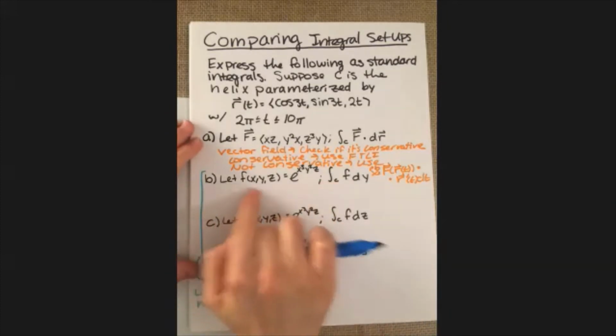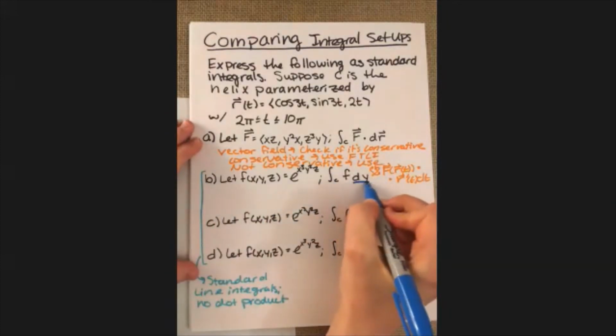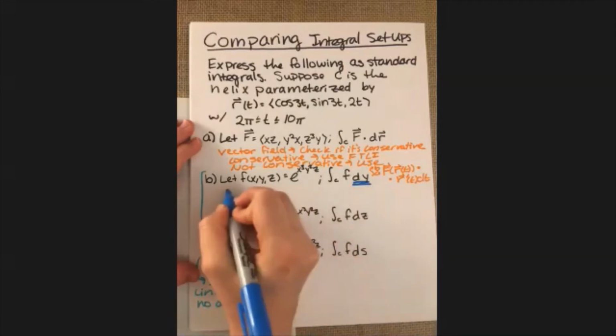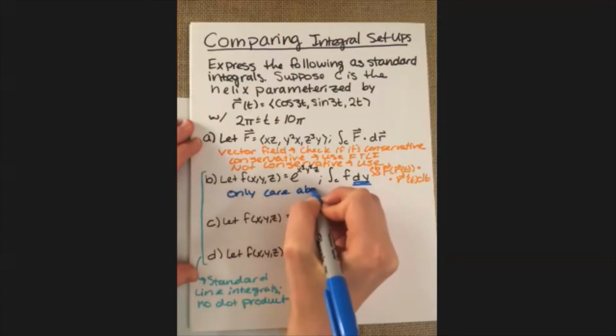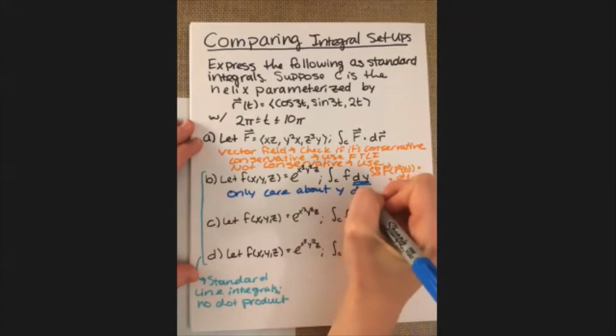So when we work with this kind right here that's got a dy, this is telling us that we only care about the y direction of the curve.